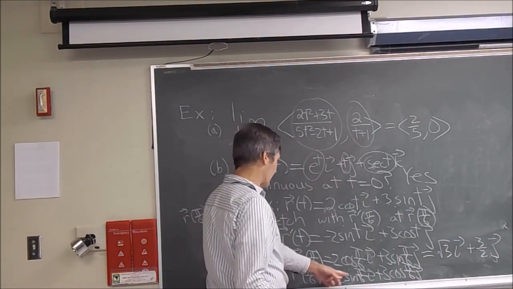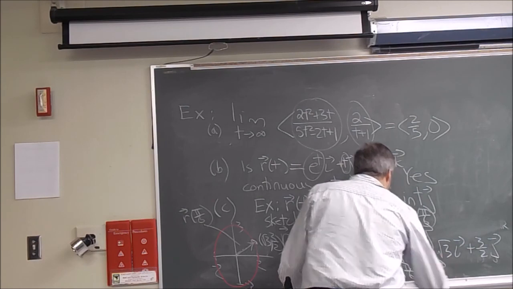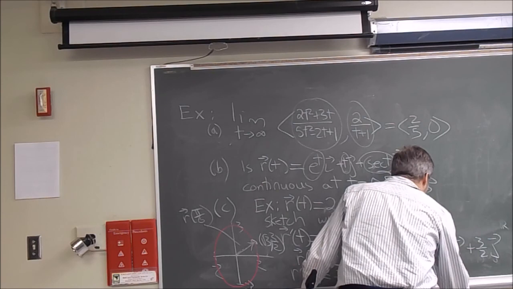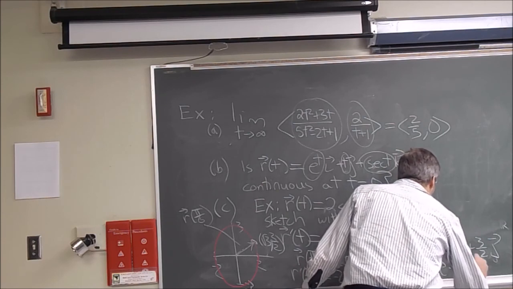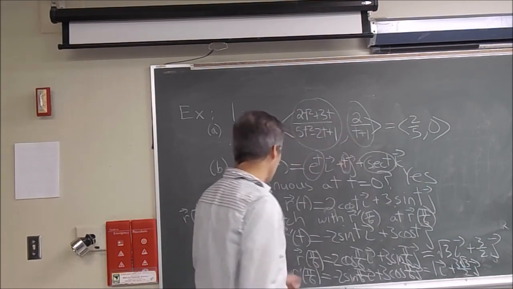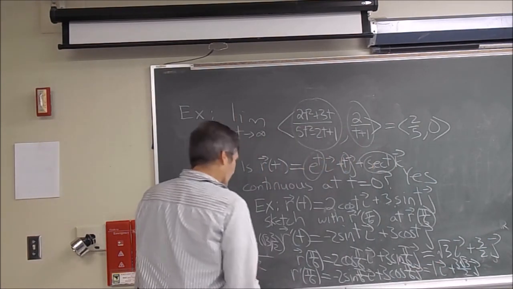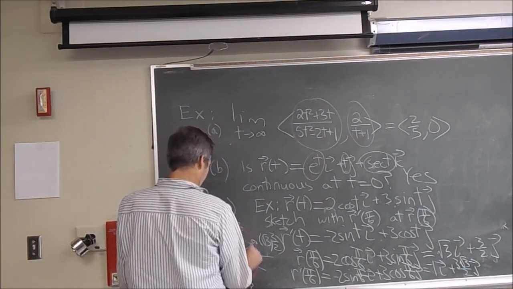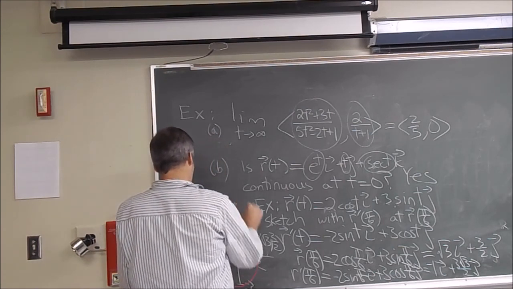Let's see, 2 times a half is 1 i. 3 times square root 3 over 2 is 3 square root 3 over 2 j. And there was a minus on here, it's minus 1 i. So I go minus 1 this way, 3 square root 3 over 2 up here.